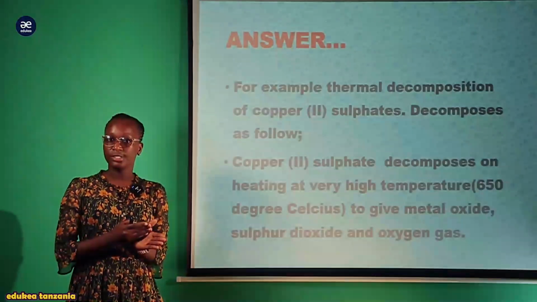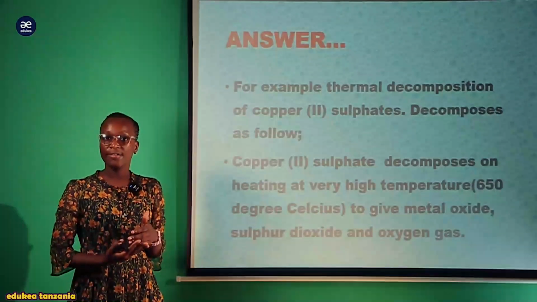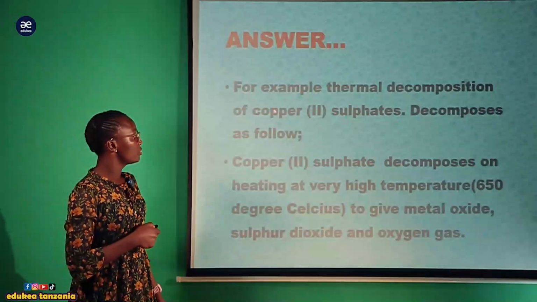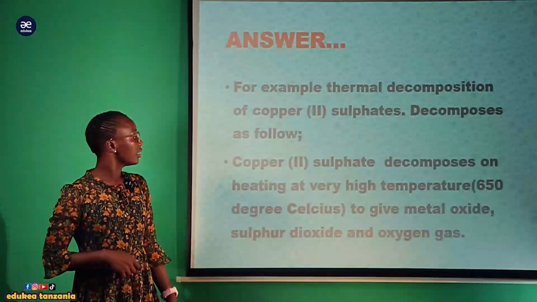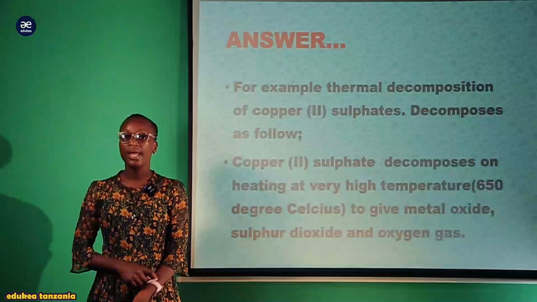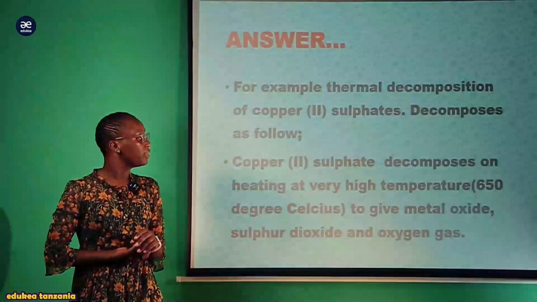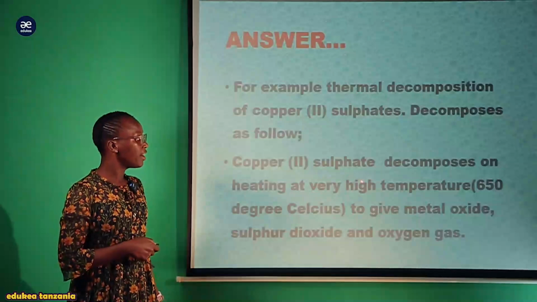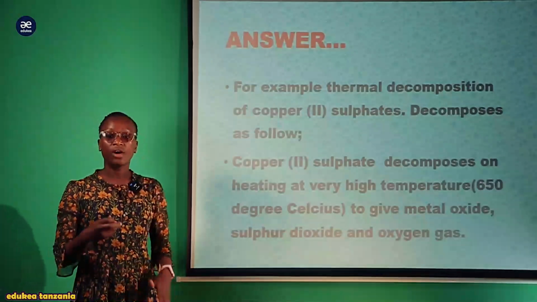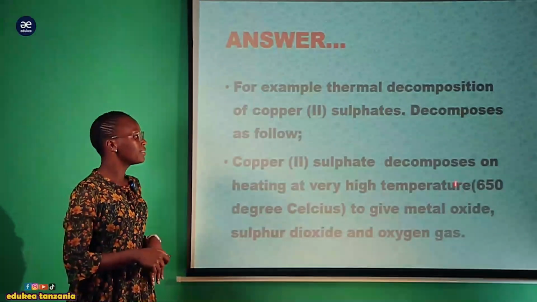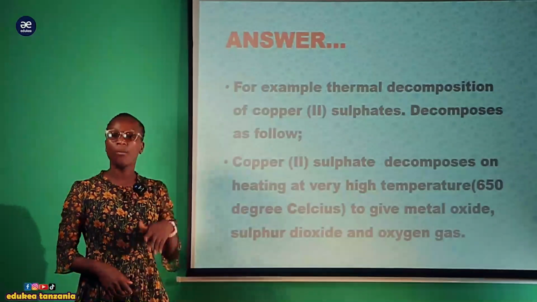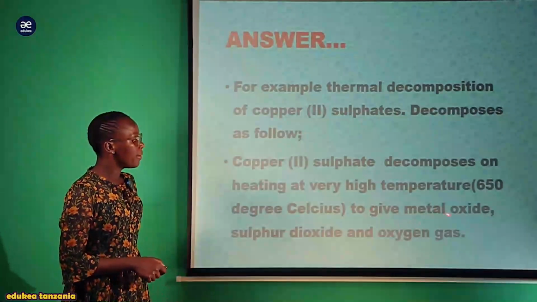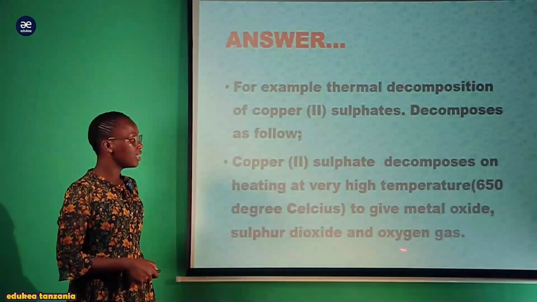After explaining short their behavior, now unakuja kwenye mfano. For example, thermal decomposition of copper 2 sulfate decomposes as follows. Kwamba tuone copper 2 sulfate inavyo decompose. Copper 2 sulfate decomposes on heating at a very high temperature, ambayo obvious ina range kwenye 600 mpaka 800 degrees Celsius to give the metal oxide, sulfur dioxide and oxygen.